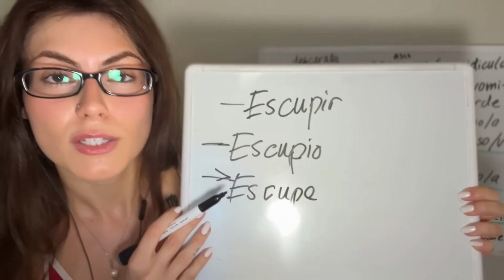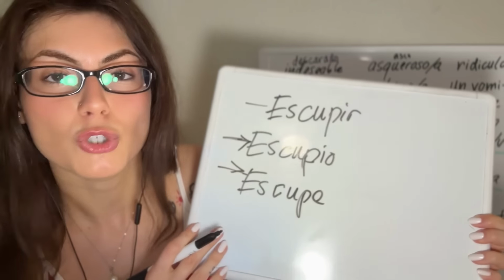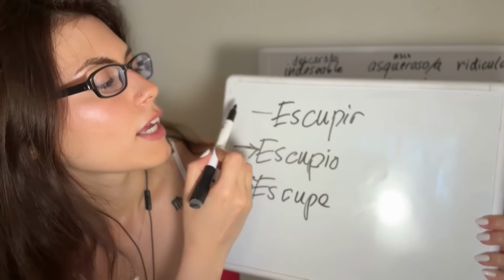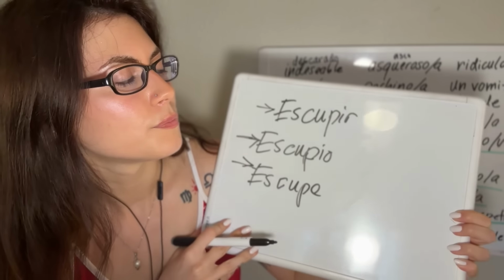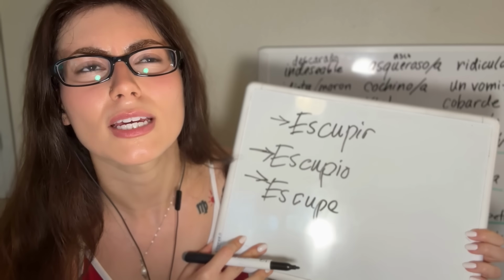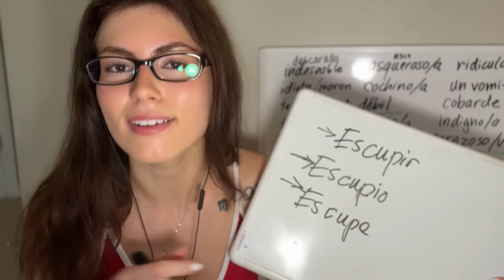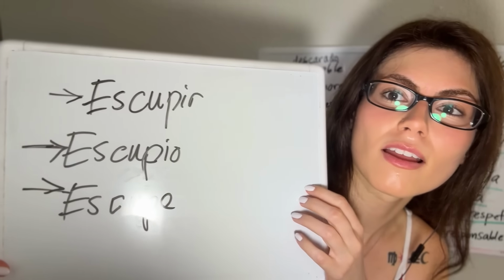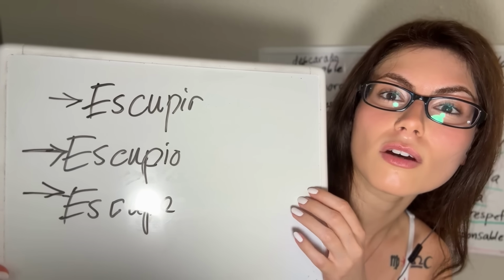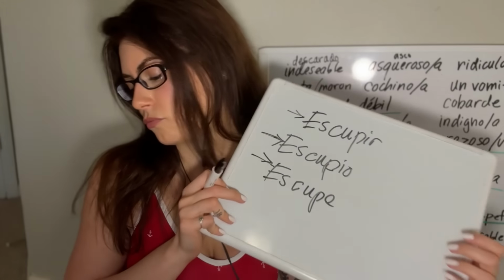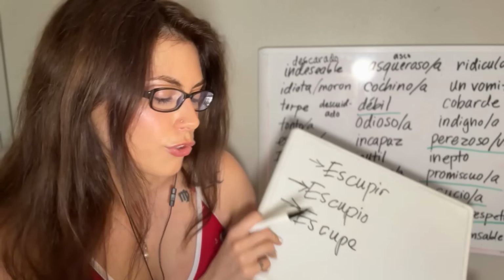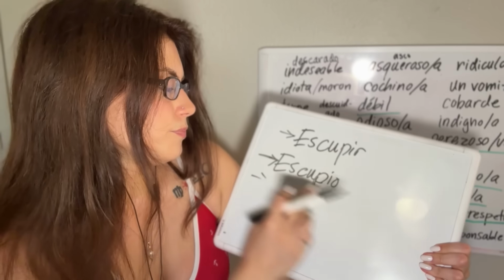If I'm telling you escupió, it means he or she spat. If I'm saying tengo que escupir to the dentist, it means I need a cup to spit in. Tengo que escupir. You're doing an excellent job.